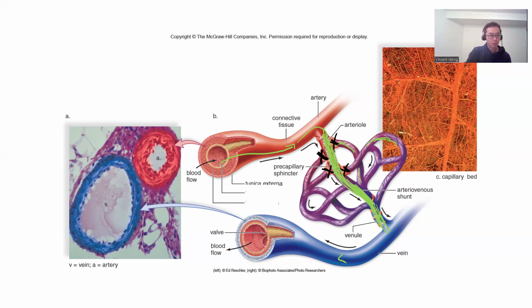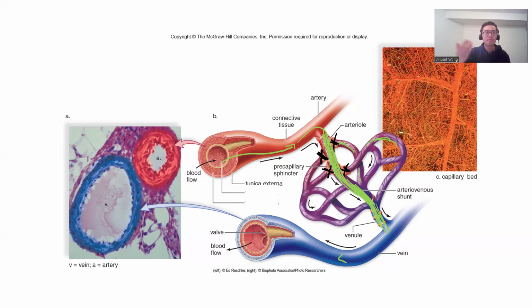So the person who made this purposely used a very vibrant red to highlight the artery and blue for the veins. So it's like you have the blood vessel, and then they cut it. That's why it looks like a circle, right?